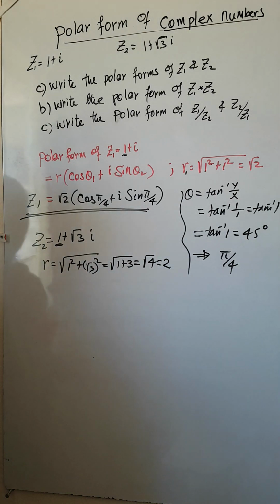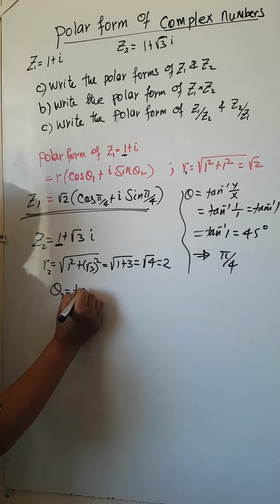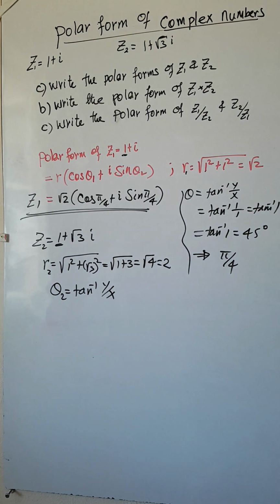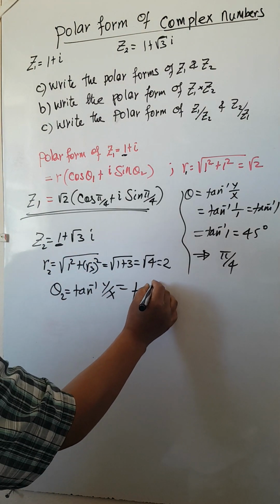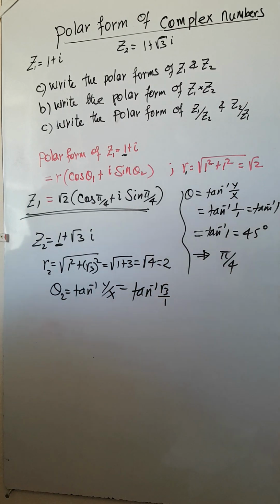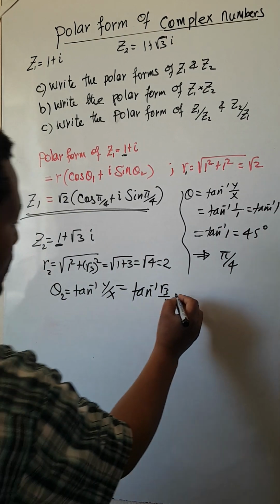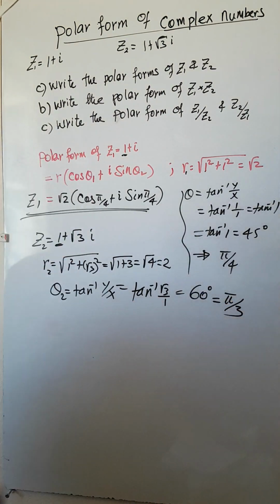This is r2, 2. And the angle theta2 is equal to tan inverse of y over x. Now our imaginary part is square root of 3, so this is tan inverse of square root of 3 divided by 1. So the angle is 60 degrees, which is equal to pi over 3.